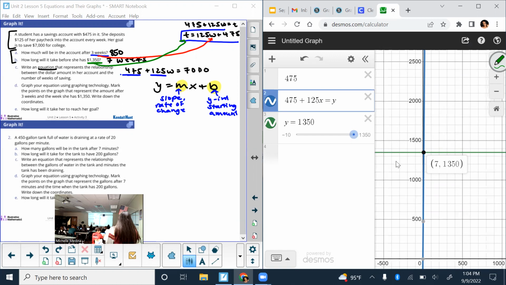So you guys using the same method, find when the Y is 7,000, how many weeks it takes. Don't yell it out. But use technology to find it. Let's see if you learn how to use your Desmos today.